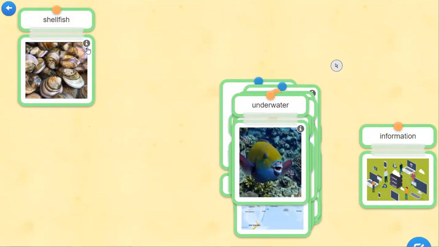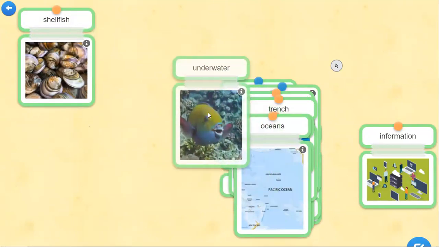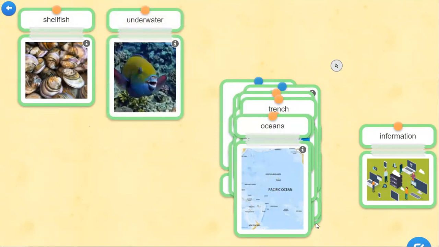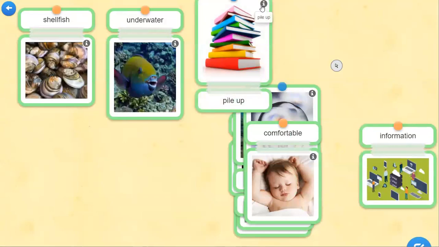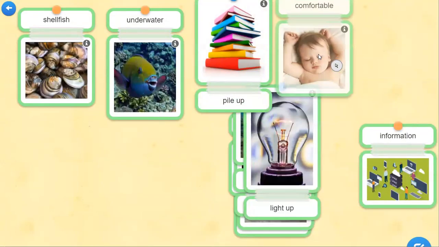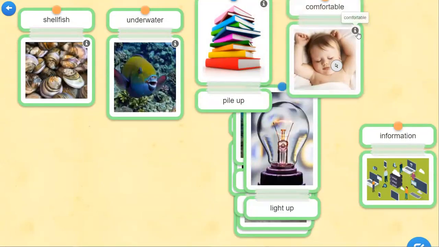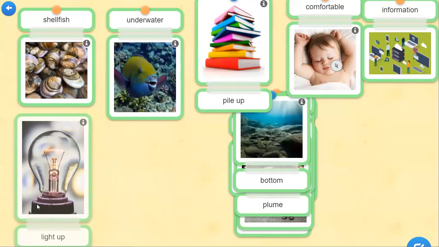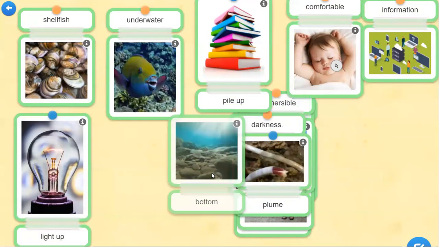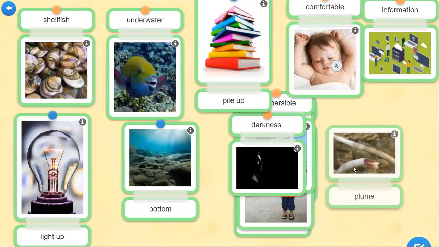There is shellfish. This is underwater. Good. This is pile up. This is computer, comfortable, information. And here, information. Light up. And here, light up.